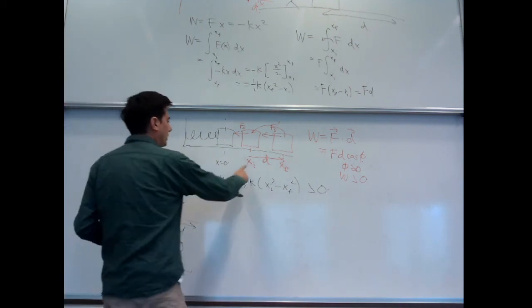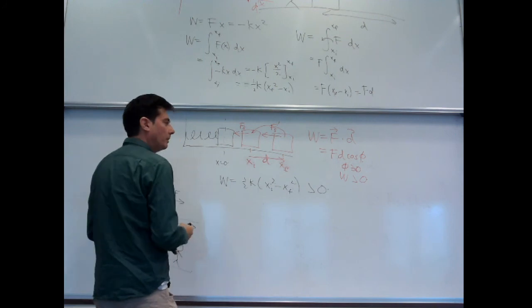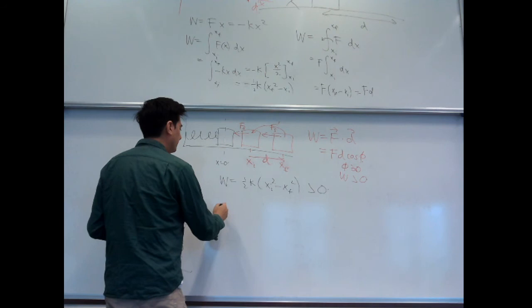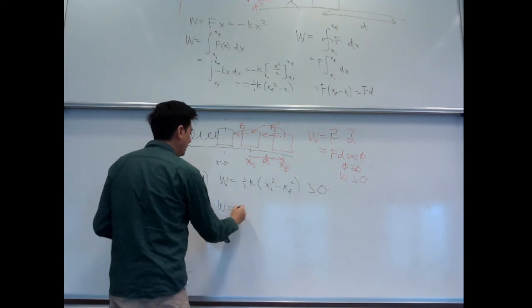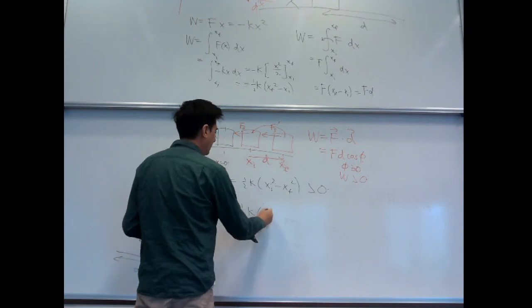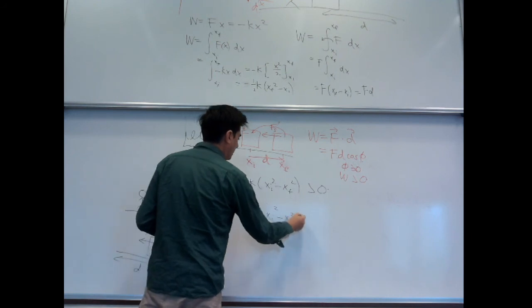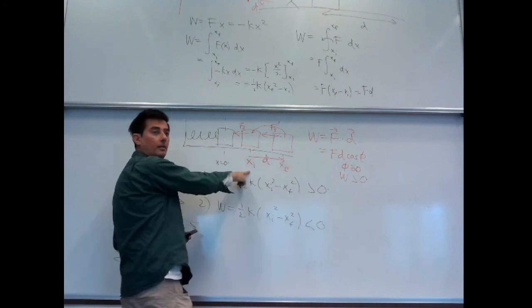So in this case, because xi and xf are reversed, this is situation 1, this is situation 2. Well, in this case, xi is actually smaller than xf, right? This one's bigger than this one.